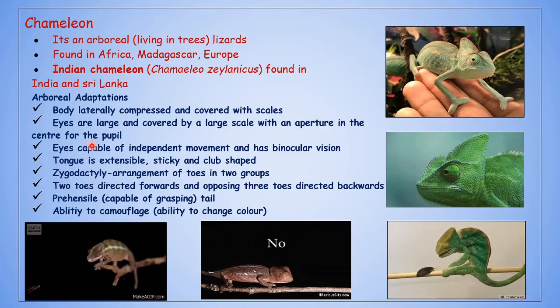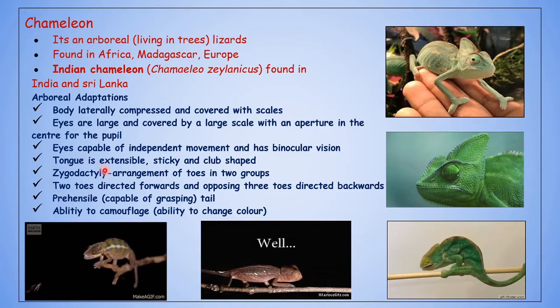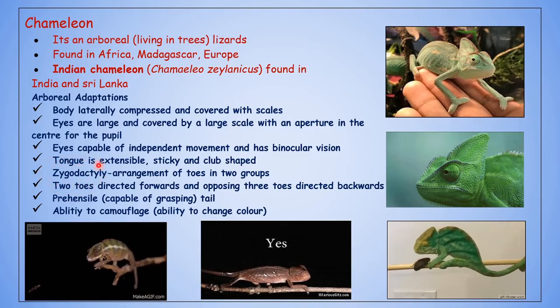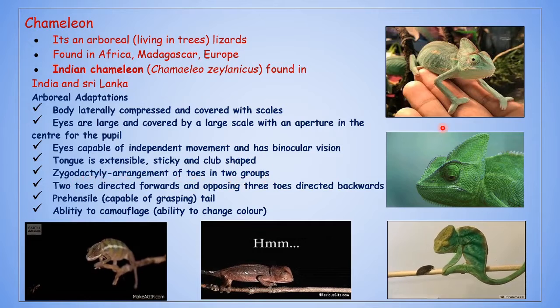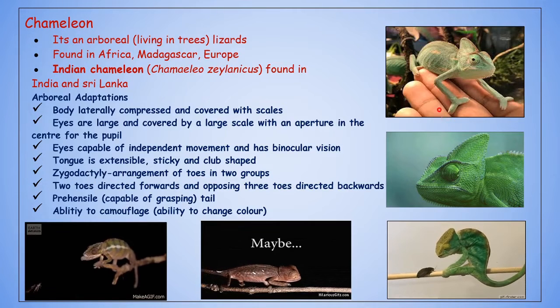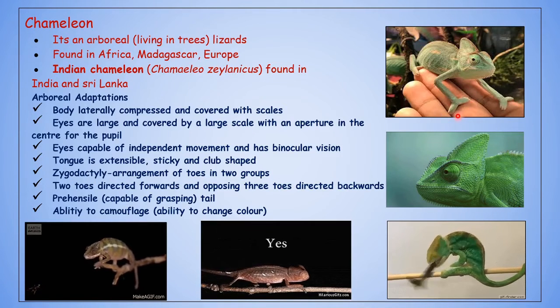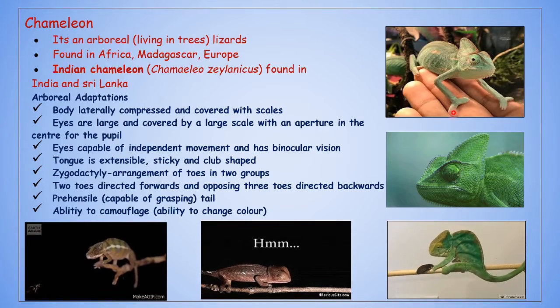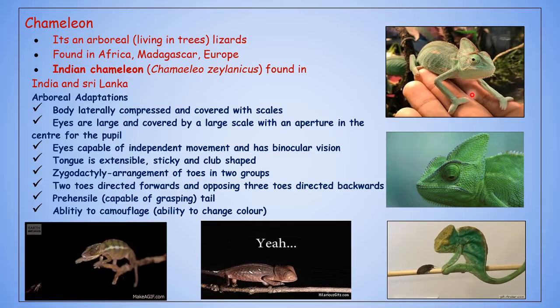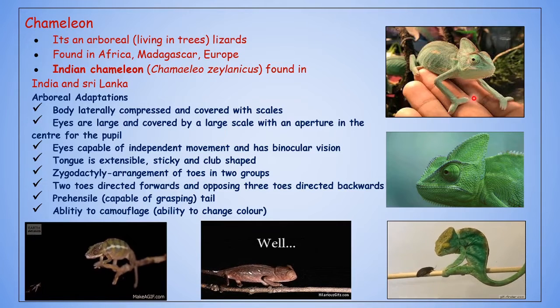Another important feature of this arboreal adaptation is zygodactyly, which is the arrangement of toes in two groups, and that can be seen here. In this grouping, two toes are directed forwards and three toes are directed in the other direction.